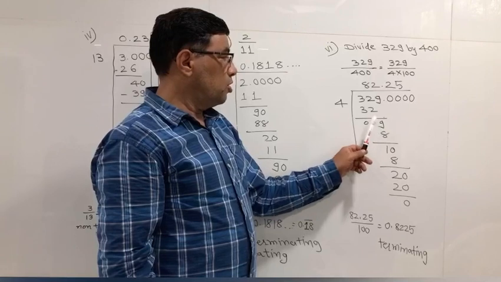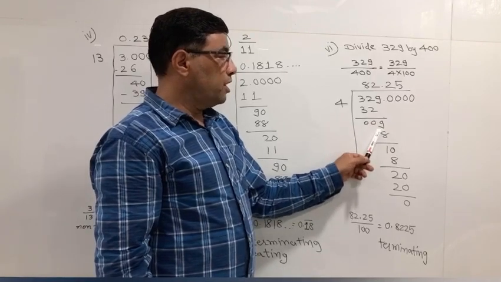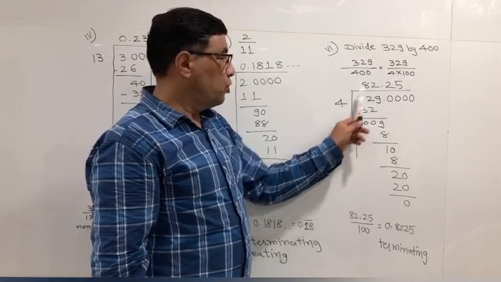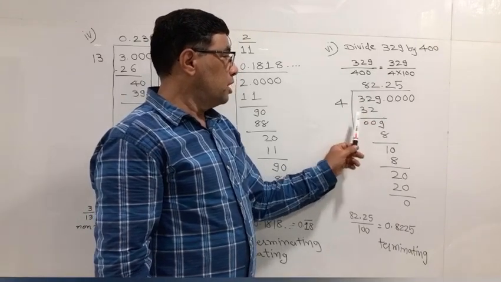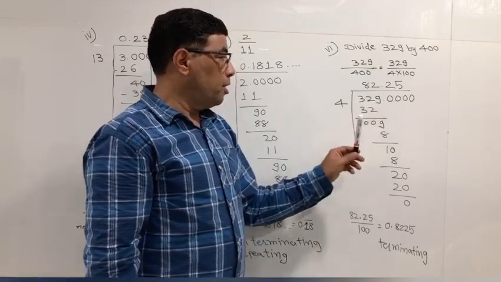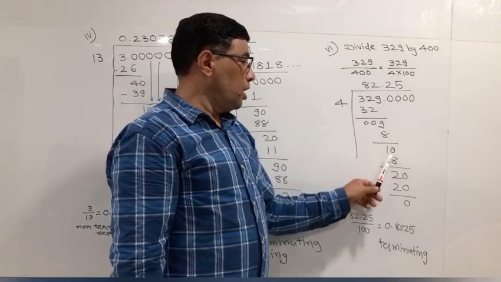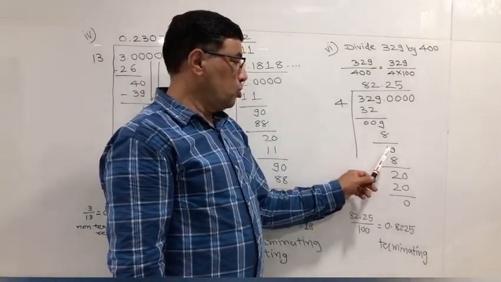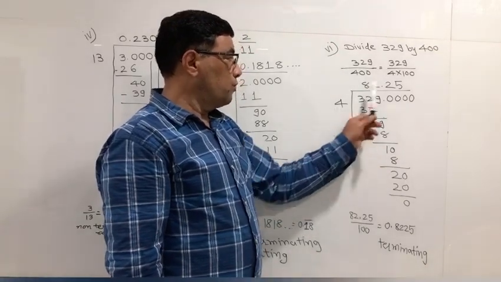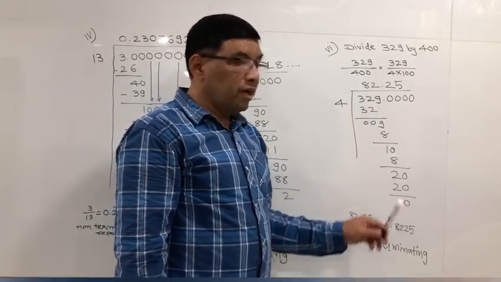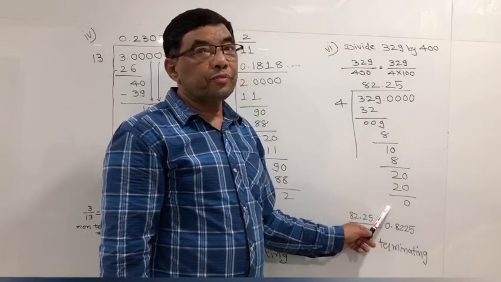Then 9 we take down, then 4 twos are 8, 1 remainder, 0 down, then the point is here, so we apply the point, then 4 twos are 8, and so 2 is the remainder, 0 down, and then 4 fives are 20, the remainder is 0 here.